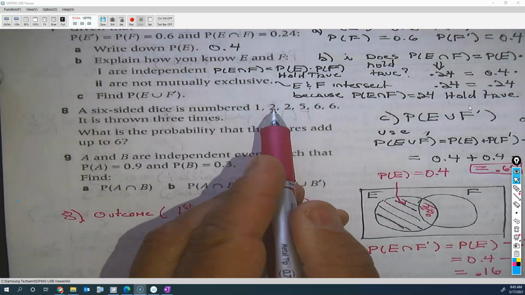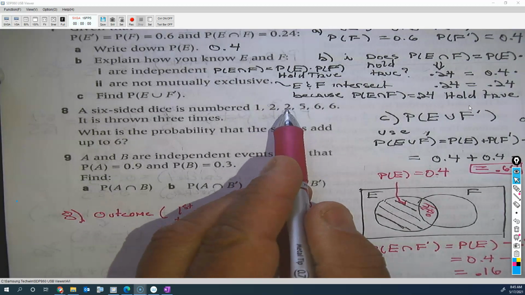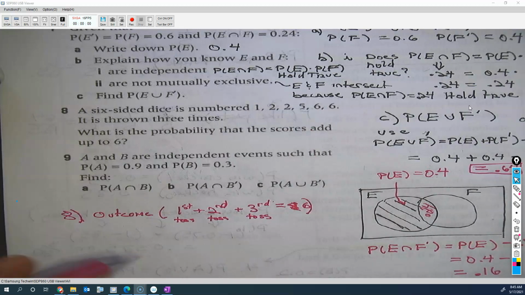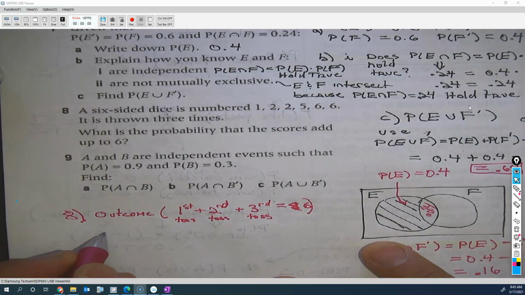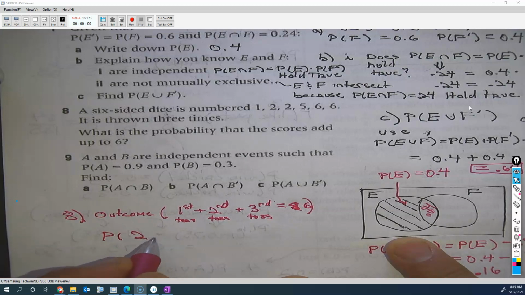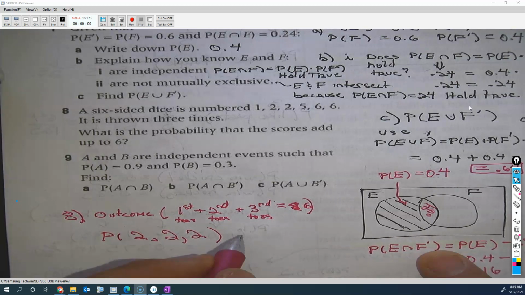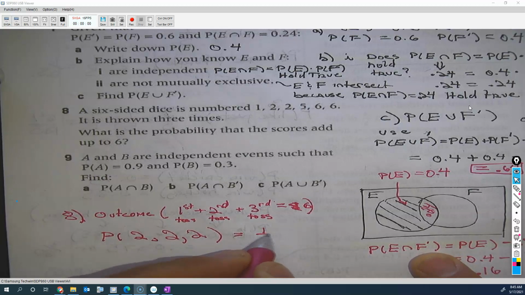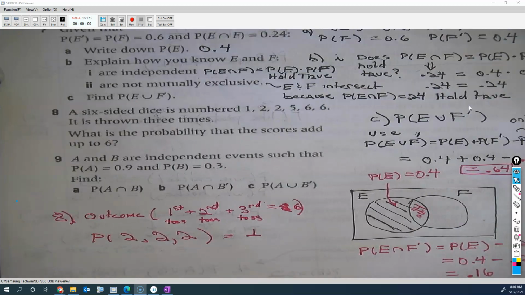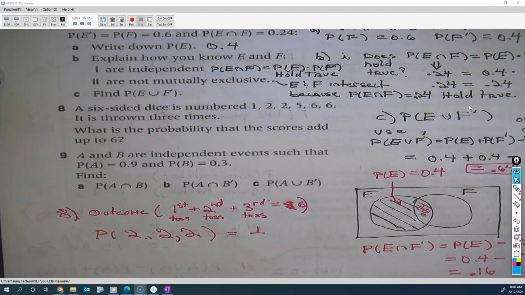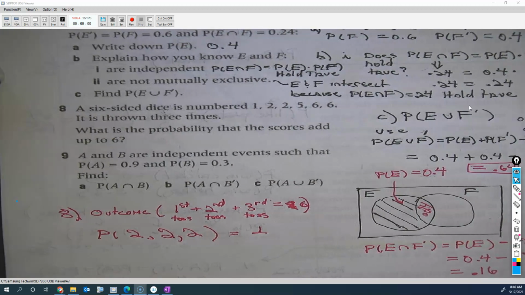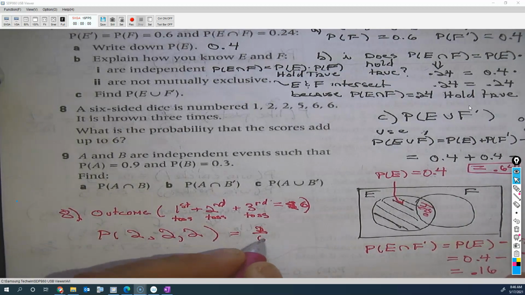Well, you could get a 2 on the first, a 2 on the second, and a 2 on the third. So this would be the same as the probability of a 2, a 2, and a 2. The probability of getting a 2, since there are 2 of them on the die, is 2 out of 6.